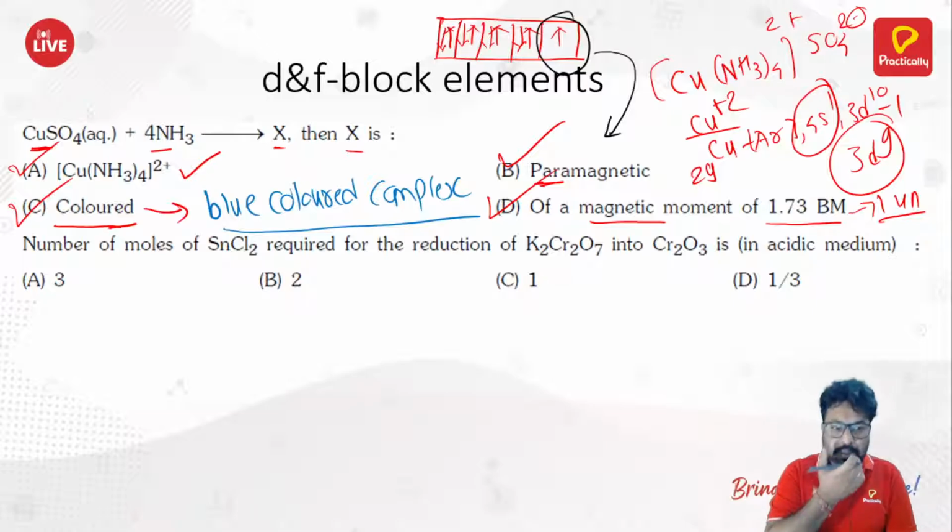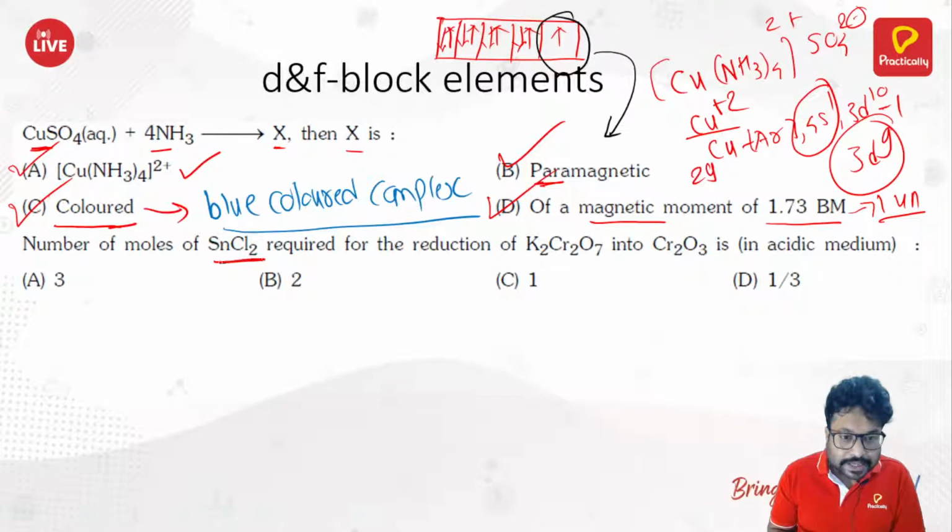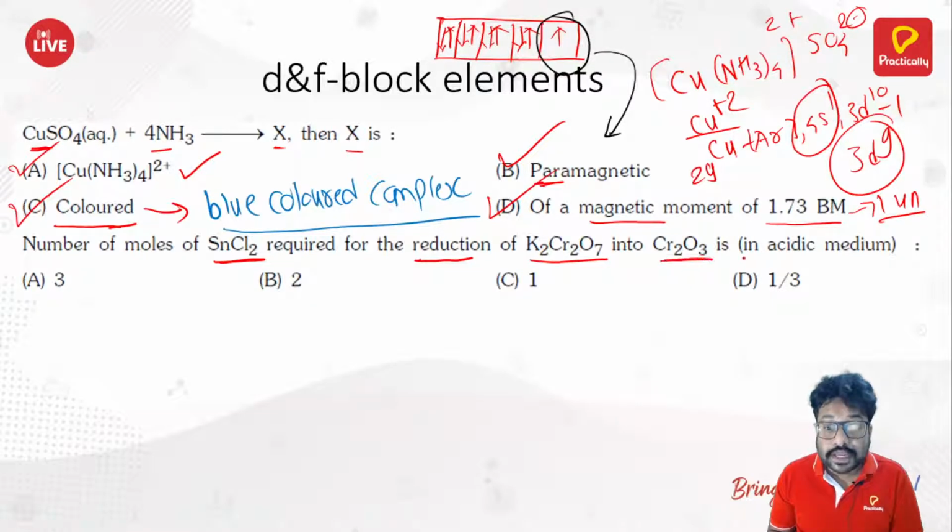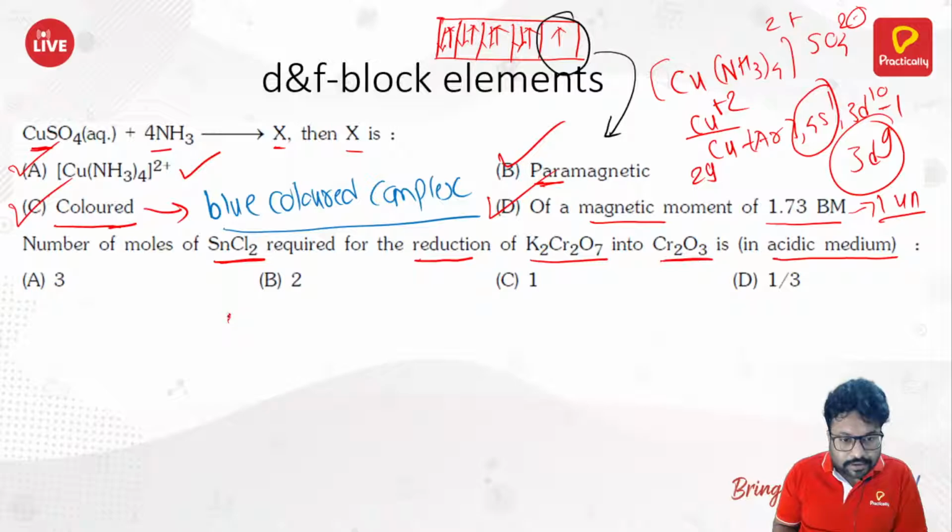Okay, moving ahead. Number of moles of SnCl2 required for the reduction of K2Cr2O7 into Cr2O3 in acidic medium is? See, in K2Cr2O7, your chromium is in +6.